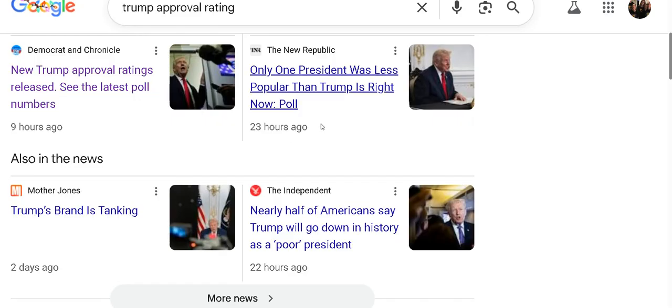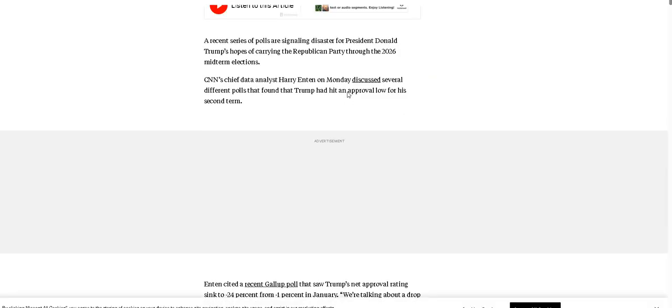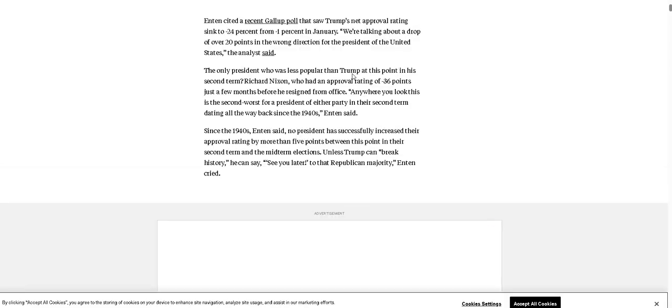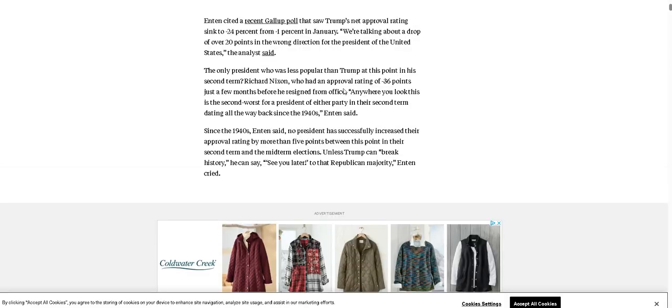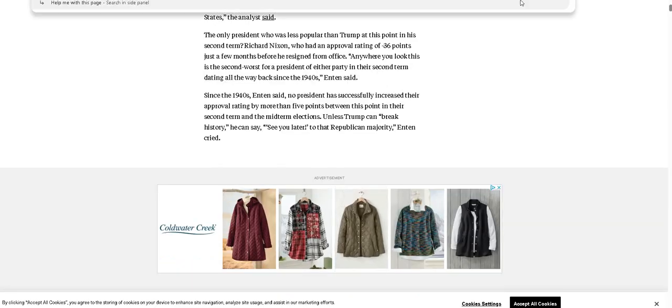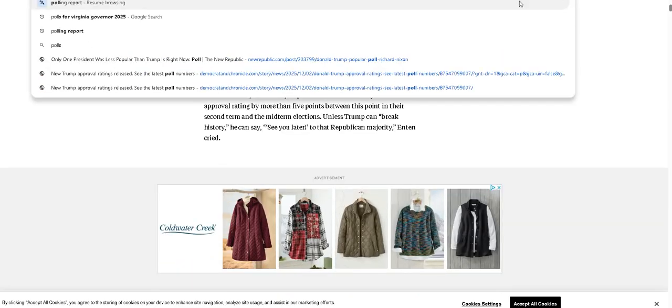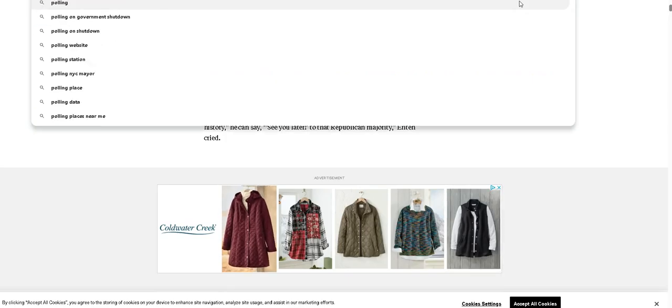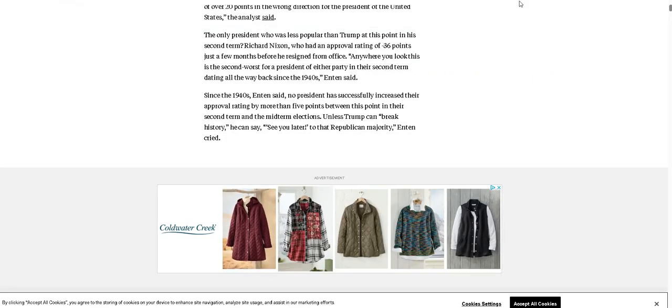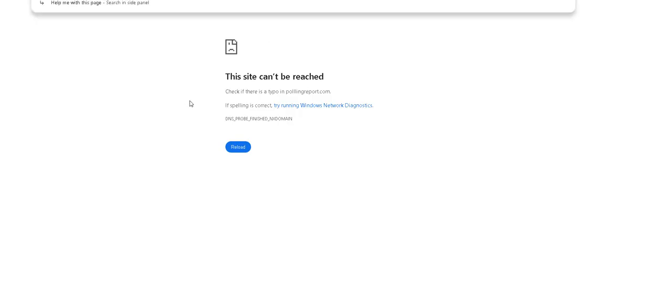Forget that. Right now, I want to see the plus and minus numbers. They're not telling us the margin of error. All right, usually they do. Let's try one last one, which is Polling Report. I'm not sure they're updating this much anymore. I guess not. All right.